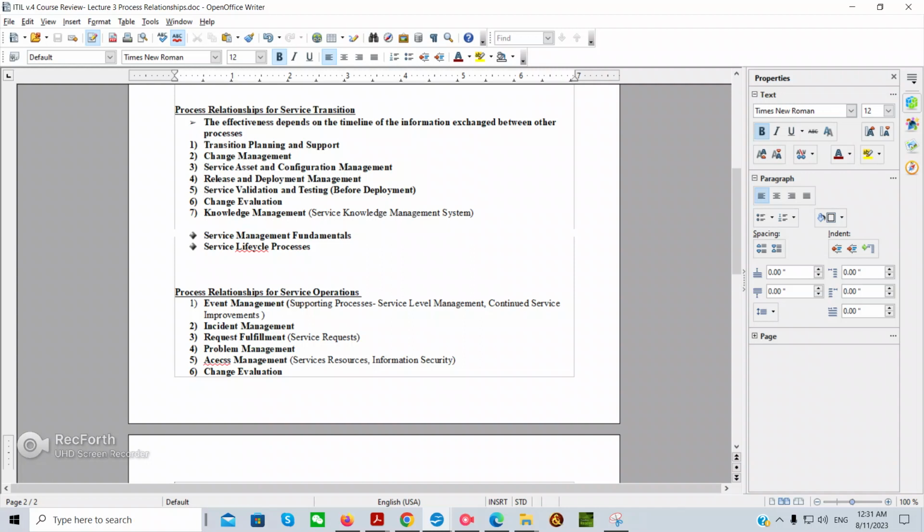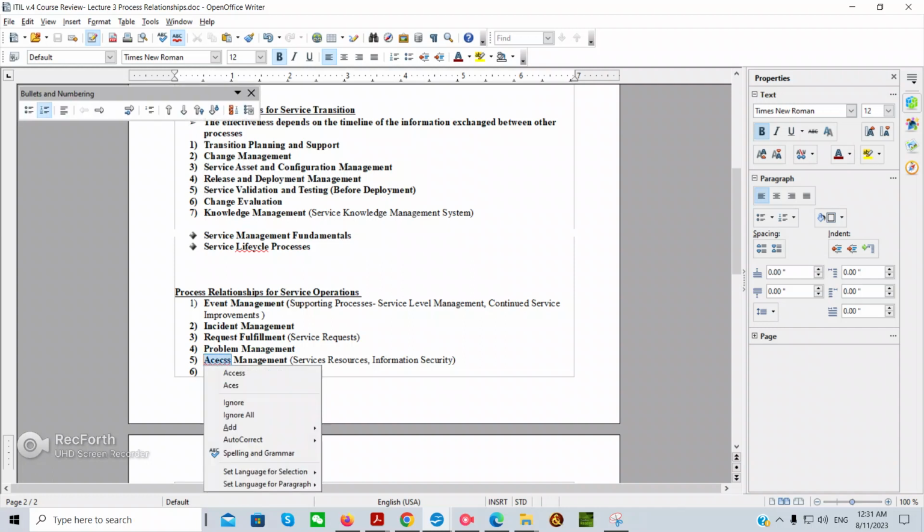Request fulfillment is in relation to service requests. Problem management. And then we have access management, in relation to services, resources, and information security. And the 6th one we have is called change evaluation.